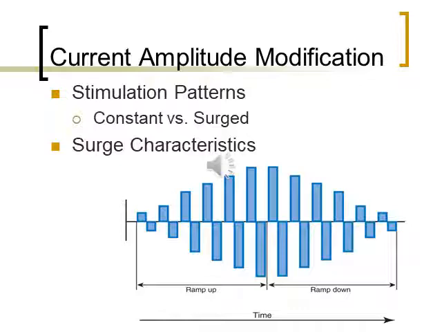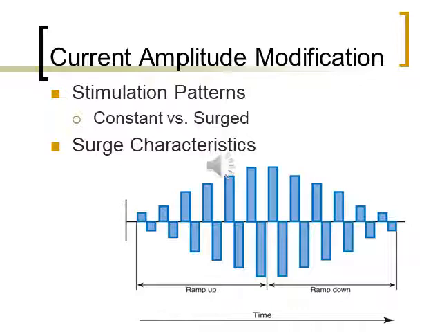So for instance, with the Russian stim, as we showed, we had a ramp time that you can set. You gradually increase from 0 up to that maximum over a set period of time. If you pick a 2-second ramp time, that means it takes 2 seconds from the time the current turns on to get up to the peak amplitude, and then a 2-second downtime.